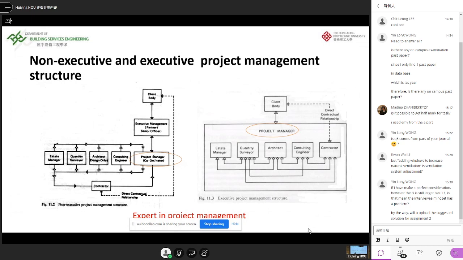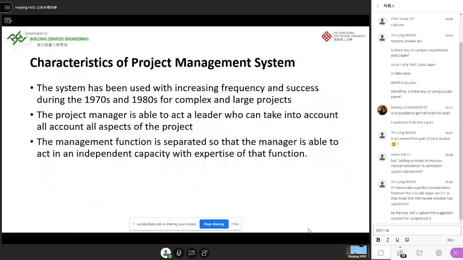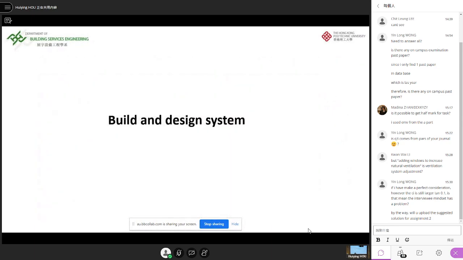They can be executive staff within the development or construction company, or an external party employed as non-executive staff, but also managing the whole construction project. So this is the project management system.